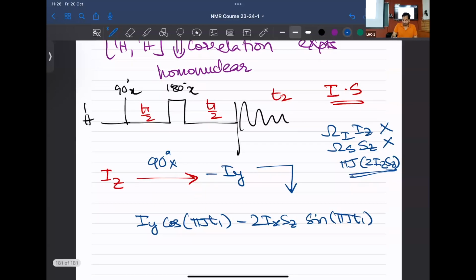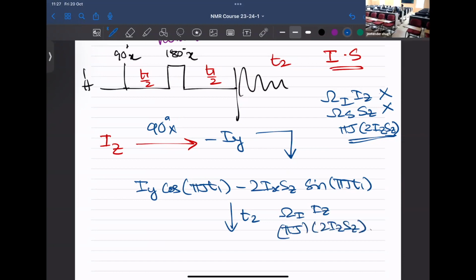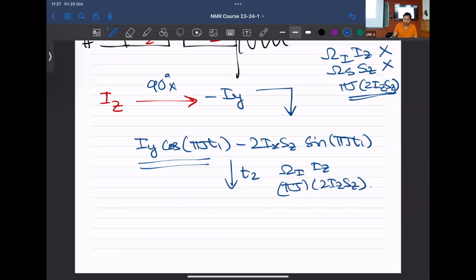Right? Now, during t2, what all will evolve? The chemical shift will evolve. So would the scalar coupling again. Is that right? Yes, sir. So we can actually take one of these terms. Maybe we can take the Ix cos pi J t1 term and let it evolve. Let me first evolve the chemical shift.